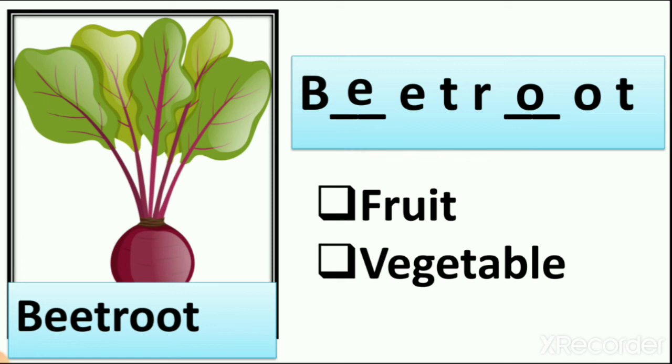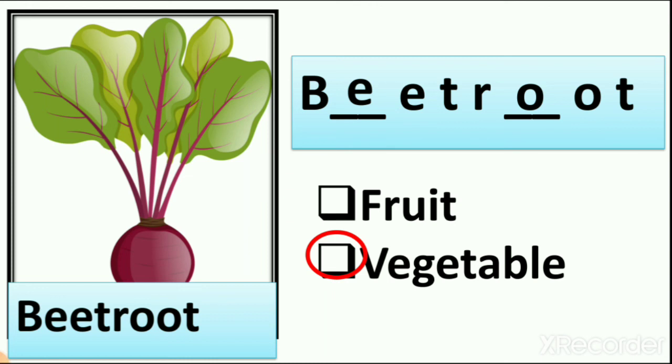No, we eat it as a vegetable. We also eat this as diet food and in salad. So here is the spelling of beetroot and we circle the vegetable because it is a vegetable of the plant. So beetroot is a vegetable we eat.